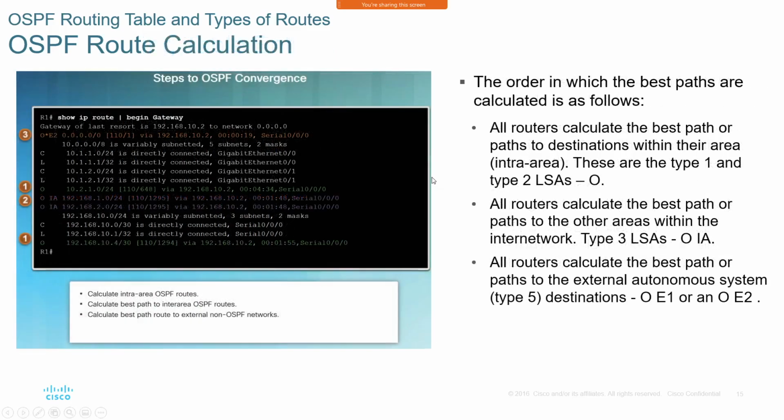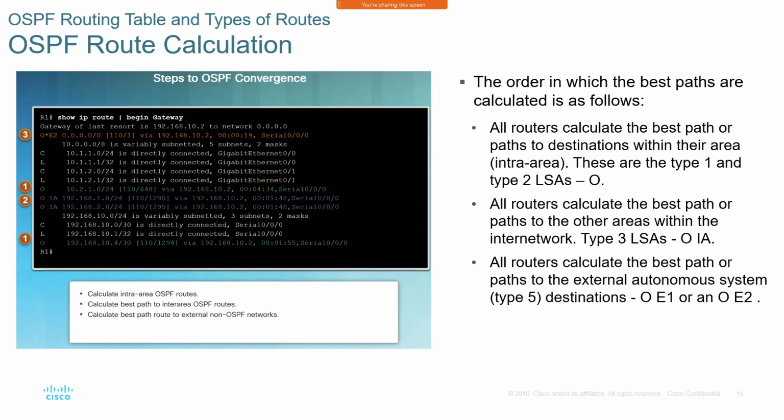All right, steps to OSPF convergence. The order in which the best paths are calculated is as follows. All routers calculate the best path or paths to destinations within their area. Remember that the area is like a boundary for the LSAs, it's like a boundary for the calculations. These are all type 1 and type 2 LSAs.